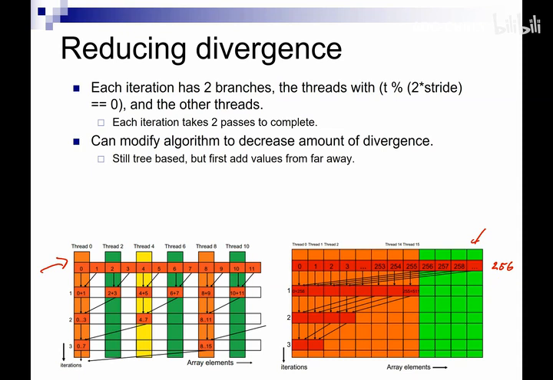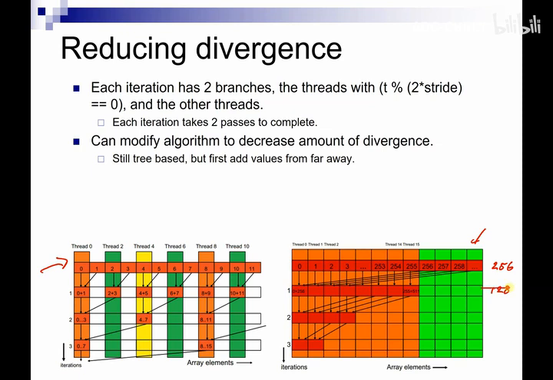After you do this first phase, you also reduce the number of values: initially you have 512 values in the first row, and after this first phase you end up with 256 values. Now that you have 256 values, you again partner up the nodes which are half of 256 apart.